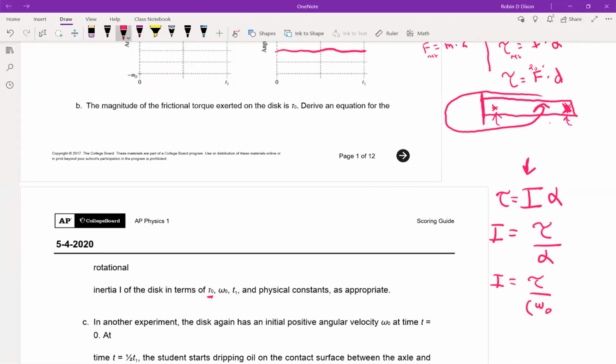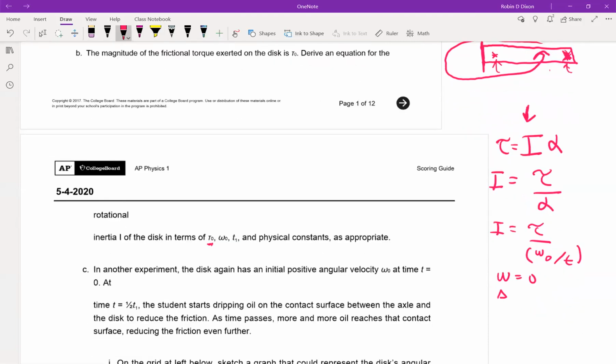Since the final velocity is equal to 0, we know that change in angular velocity is equal to omega naught minus 0. I'm sorry, I wrote that wrong.